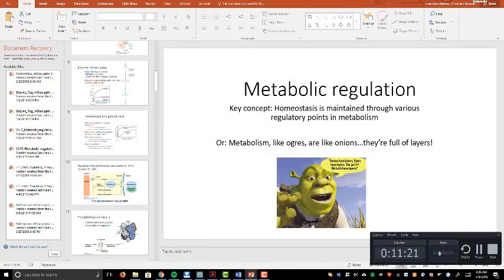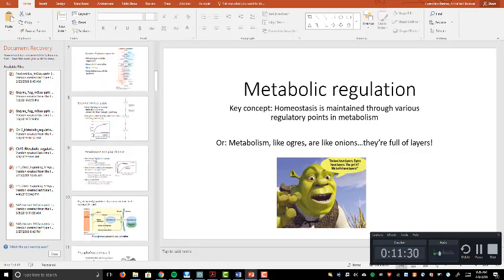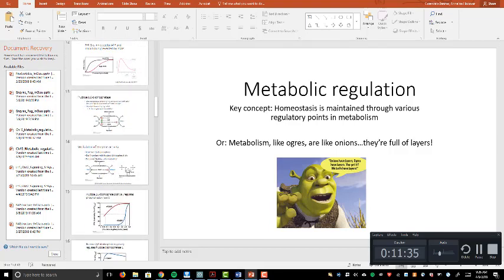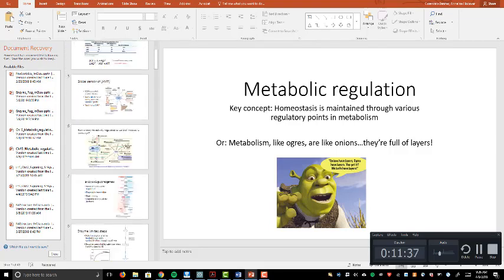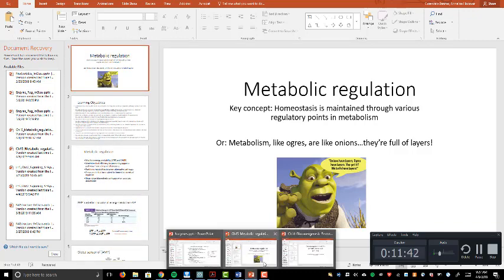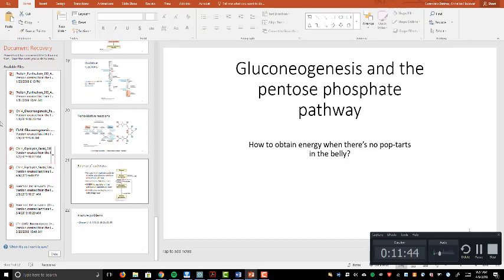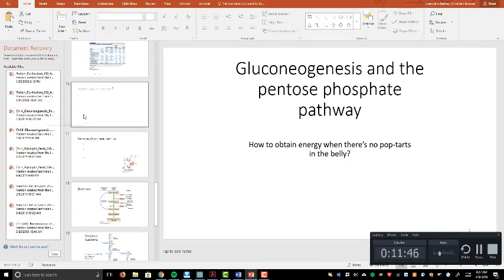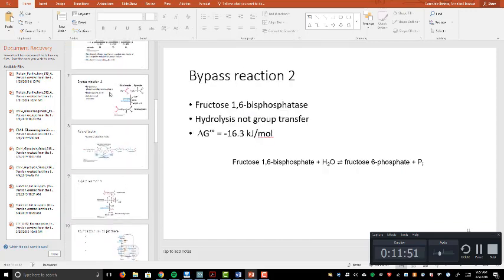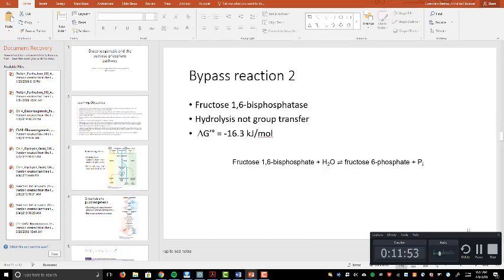Did we talk about glucose 6-phosphate and how it gets transported in the liver to make sure glucose gets into the bloodstream? Does anybody remember where that figure is? I am drawing a blank. I think it's in gluconeogenesis. What am I doing on time? I'm eating up time. Okay, we will find it.